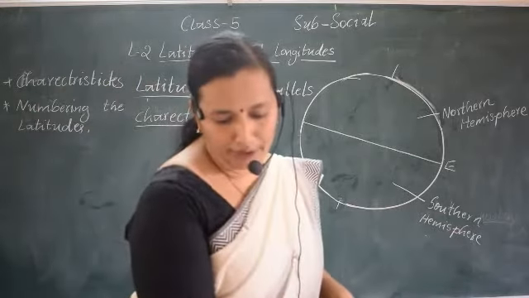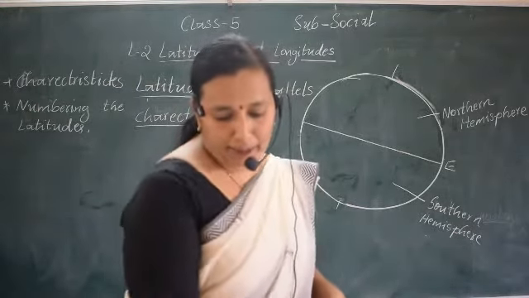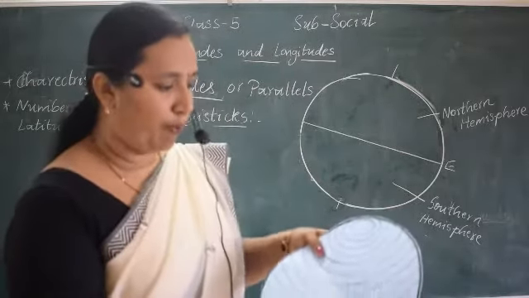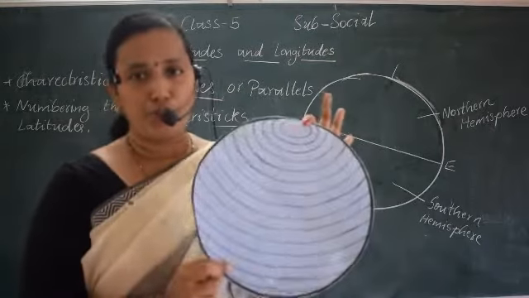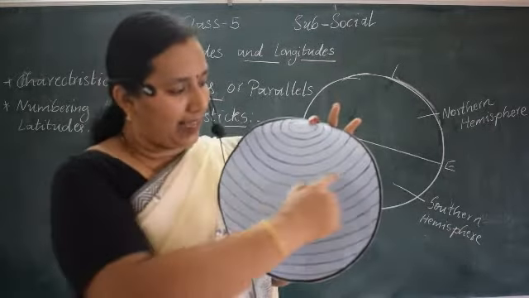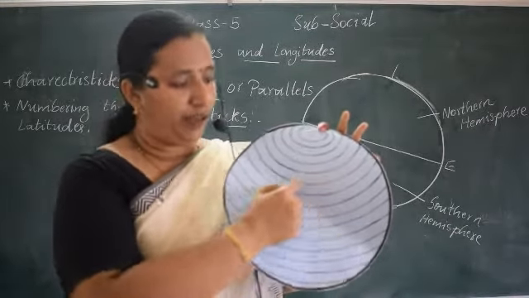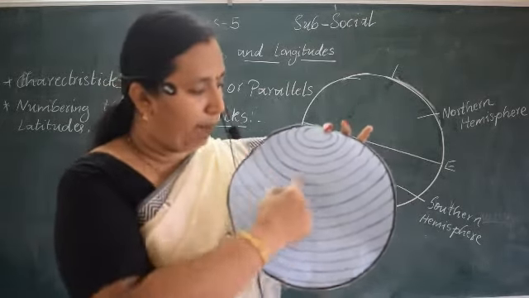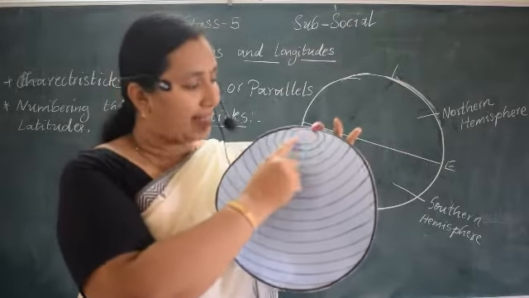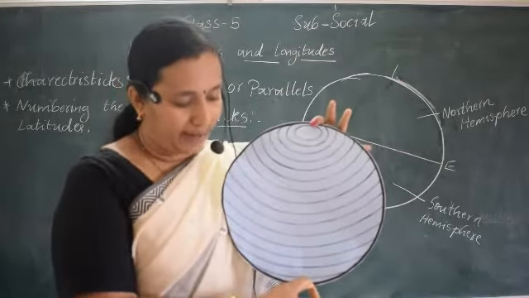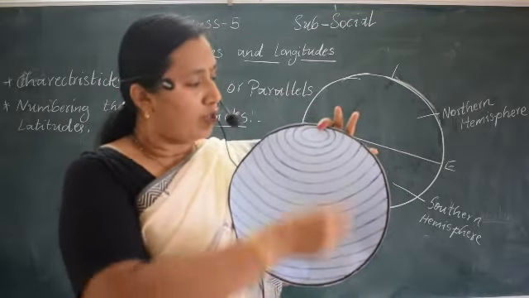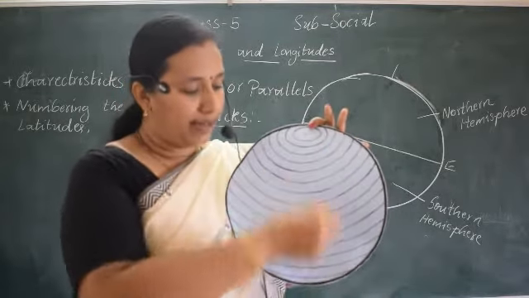The first point: they are complete circles except the North Pole and South Pole. Once again I'll show the picture of latitudes. These imaginary lines are imaginary circles, you can see, children. These are complete circles except the North Pole and the South Pole. The South Pole comes here, and these are points.